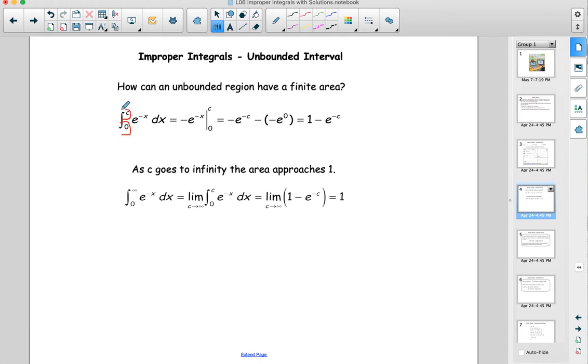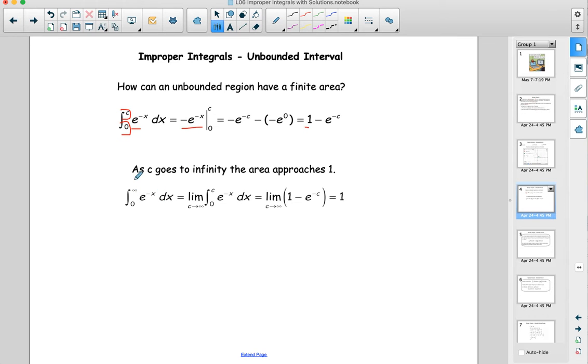That shouldn't be that hard to do because we can take the antiderivative. The antiderivative of e to the negative x is negative e to the negative x. And evaluating across our bounds of integration 0 to c, that would give us negative e to the negative c minus negative e to the 0. And of course e to the 0 is 1. And a negative times a negative is a positive, so that becomes 1. And this will be 1 minus e to the negative c.